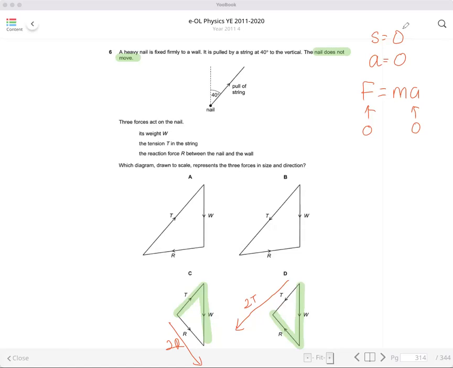Okay, Ryan, Bei Kwan, you're correct now. Ryan, what's your answer? Do you need help with this question? Ryan, D is incorrect because the green one and T are the same, so they produce double the force of T. You get a resultant force of 2T.